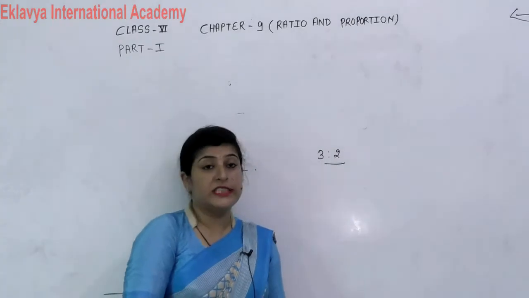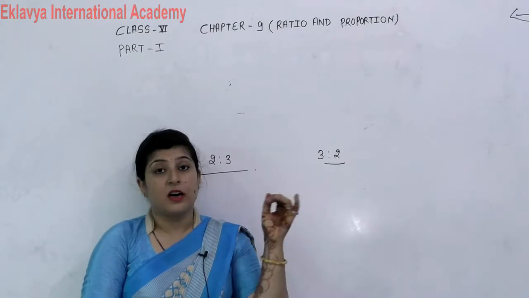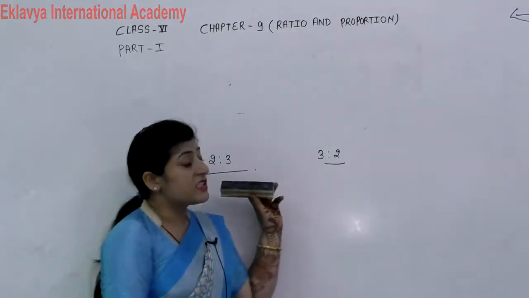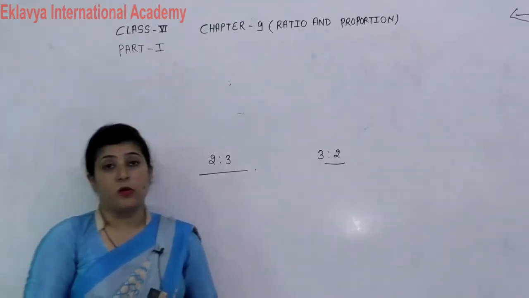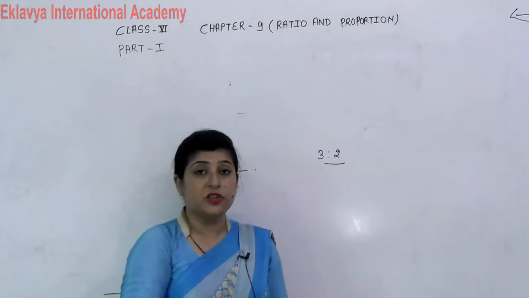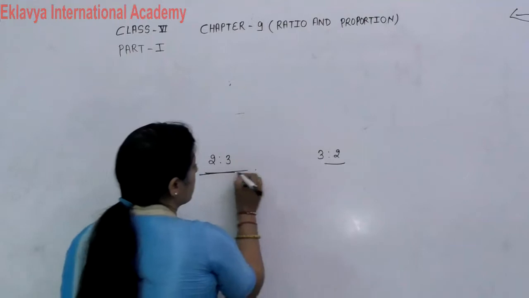No, these two ratios are not the same. The order of the ratio is very important. The order in which we write the terms of the ratio is very important. These are not the same.